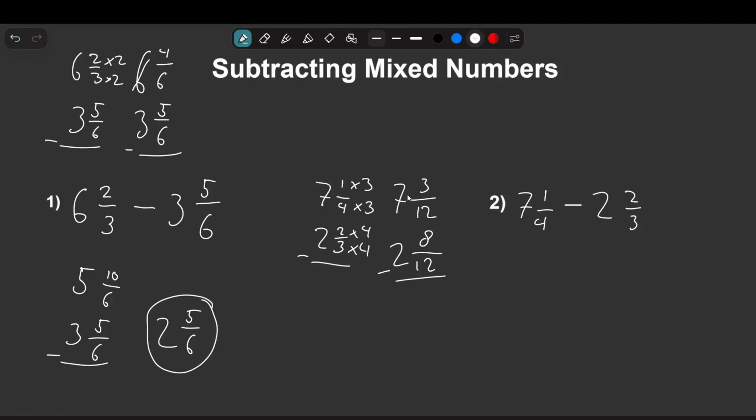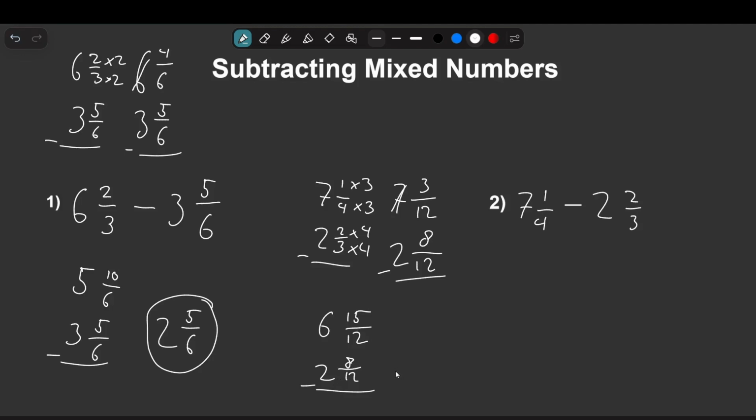So we're going to borrow again from the 7. So we can cross this off and it turns into a 6. So now we're going to add 12 to the 3 and this will equal 15. So we get 6 15/12 minus 2 8/12. So now we can just simply start by subtracting our fractions first.